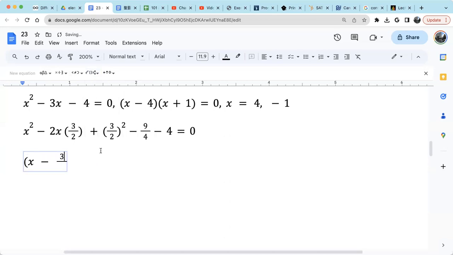I think the annoying part is to think about why we need to do that. That's the process of completing squares. Then I'm going to move negative 9 over 4 and negative 4 to the other side. That becomes 4 plus 9 over 4.